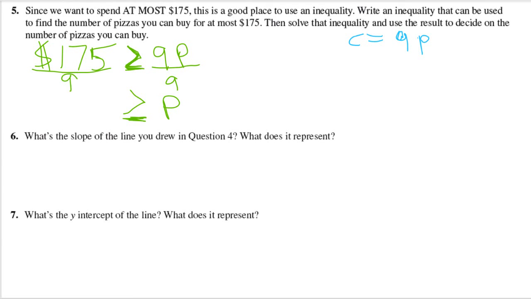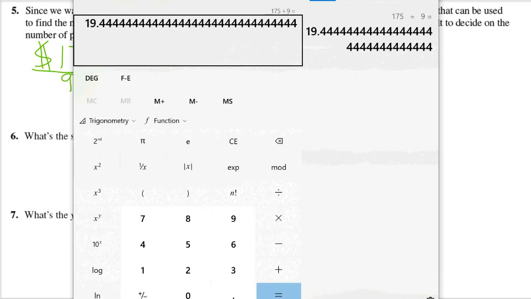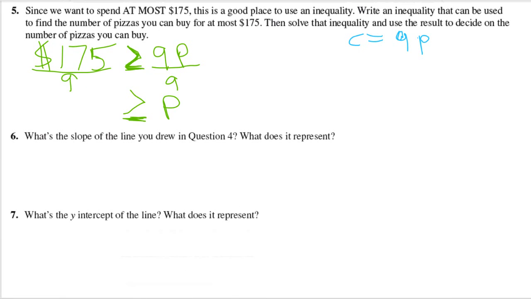So 175 divided by 9 ended up being 19.44. And now I can say 19.44 has to be greater than or equal to p. It helps to think of it in terms of the number of pizzas.